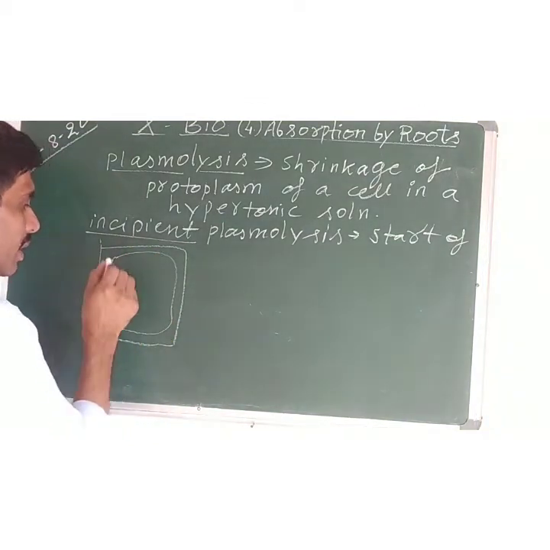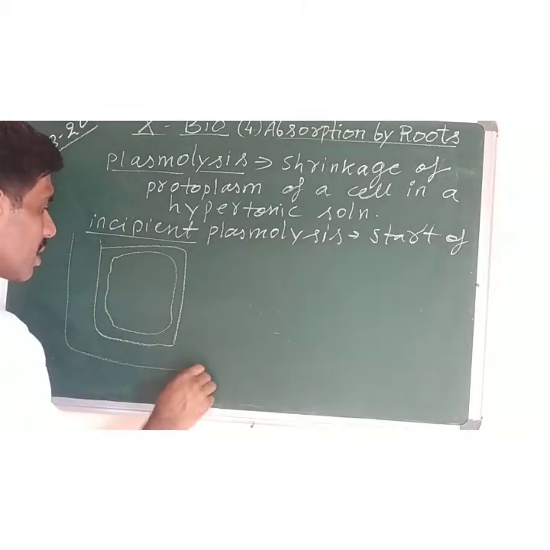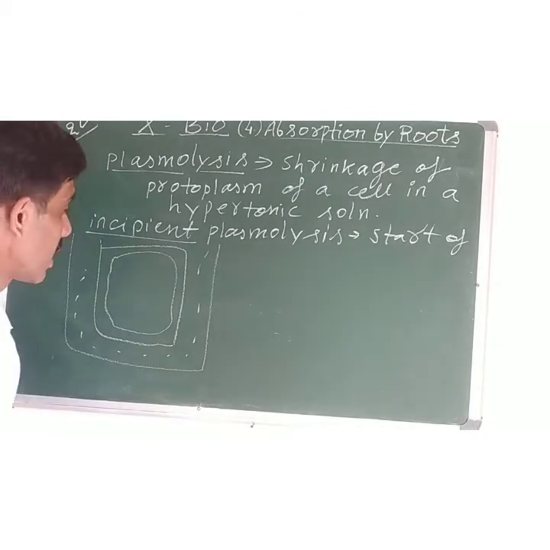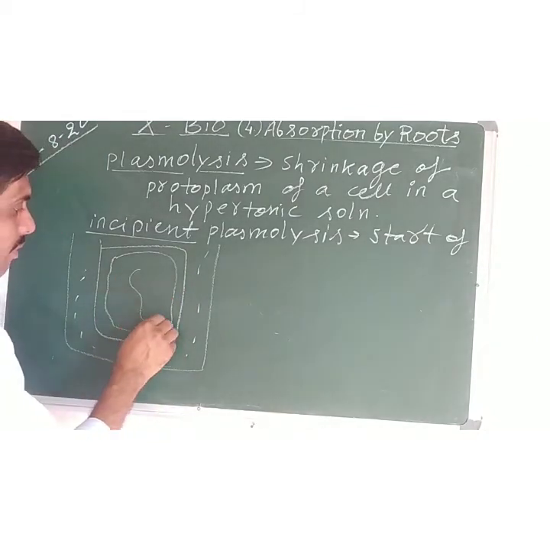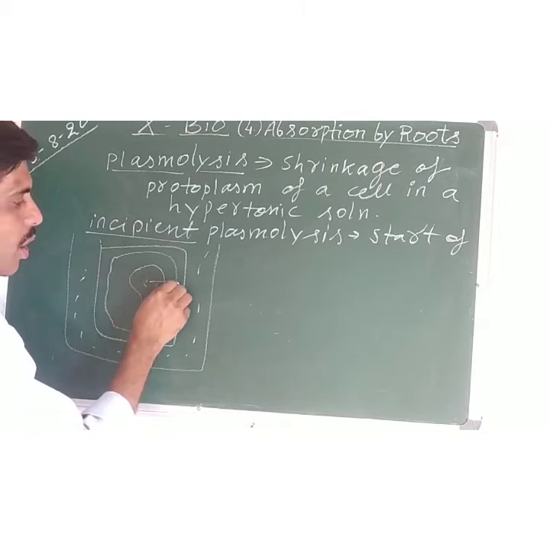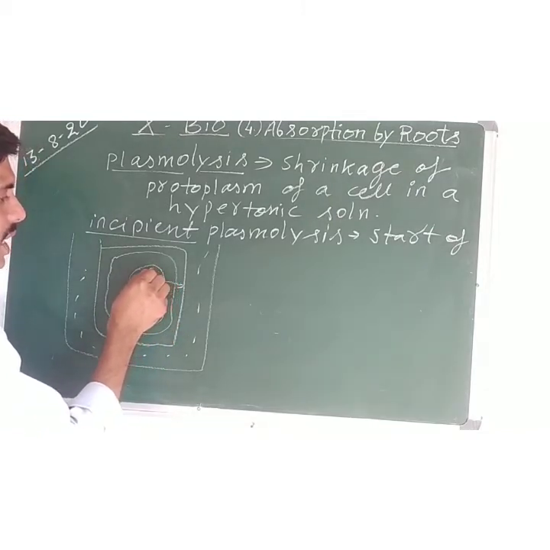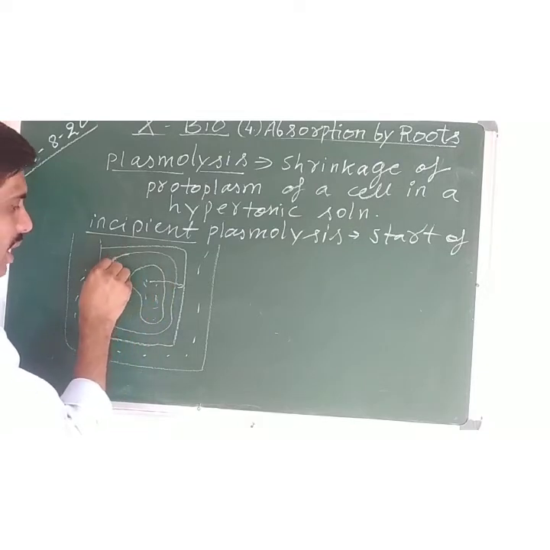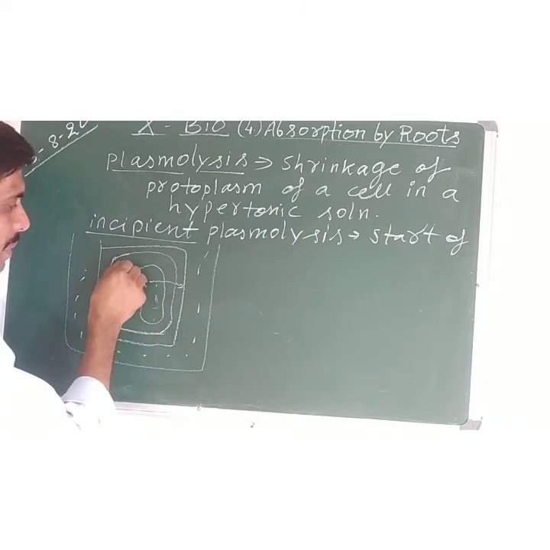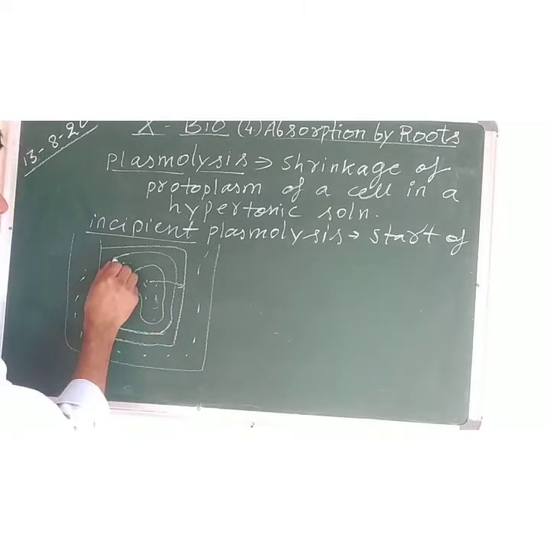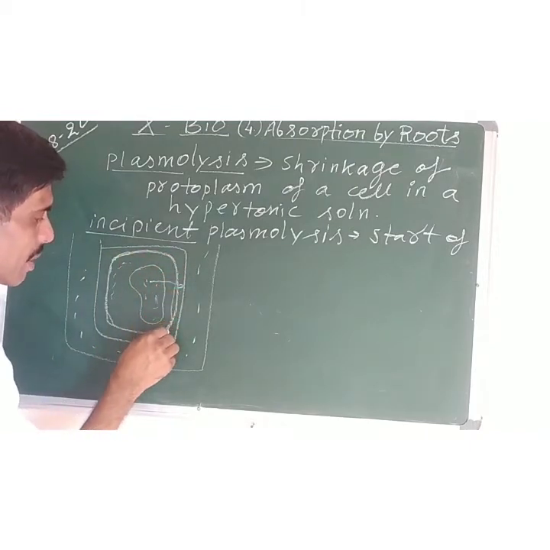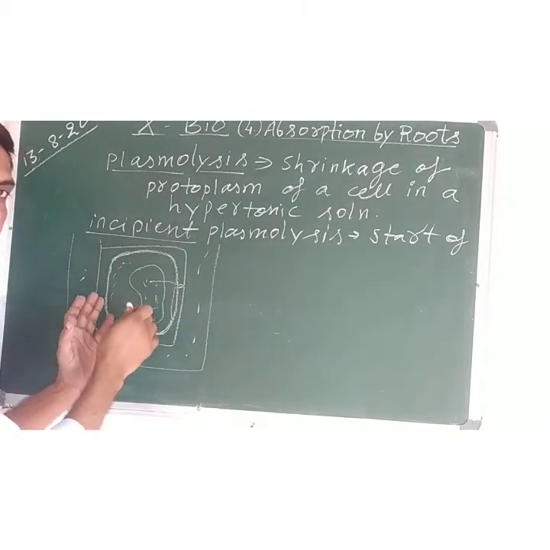Now if I keep it inside a hypertonic solution, what will happen? All the vacuoles, which are filled with cell sap, will be drawn outward and there will be shrinkage of protoplasm, leaving the cell wall intact as it is. The remaining part, that is the cell membrane and all, will shrink and come towards the center.